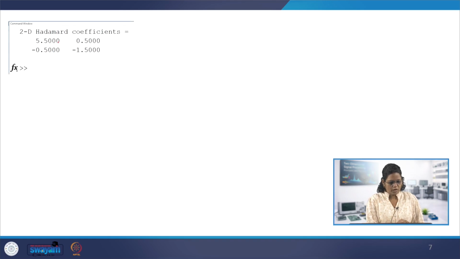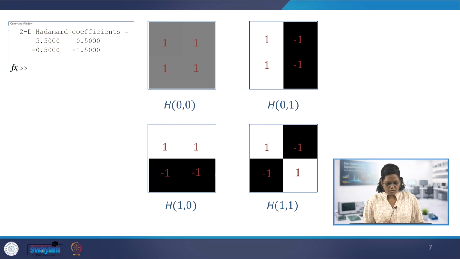So these Hadamard coefficients we obtained are 5.5, minus 5, minus 0.5, minus 1.5, and now the basis images are H of 0 0, 0 1, 1 0, 1 1. You can see the 1 and minus 1, and these basis images are plotted in grayscale as an image.